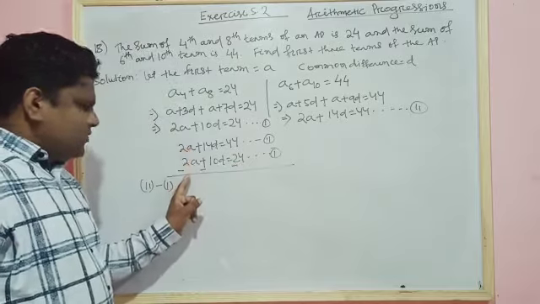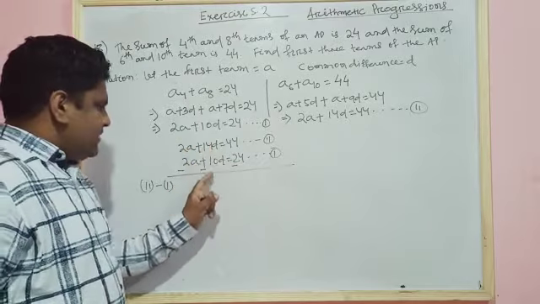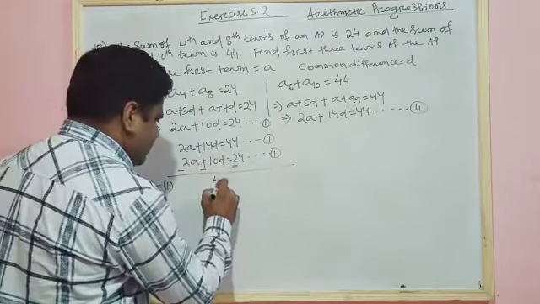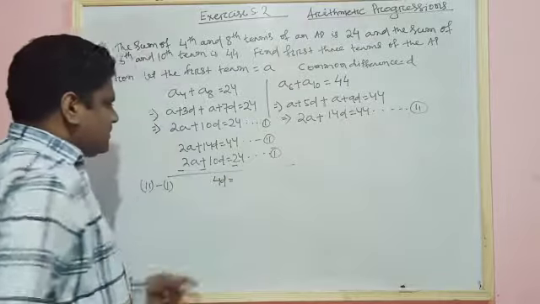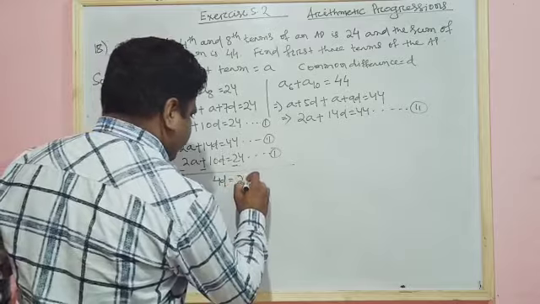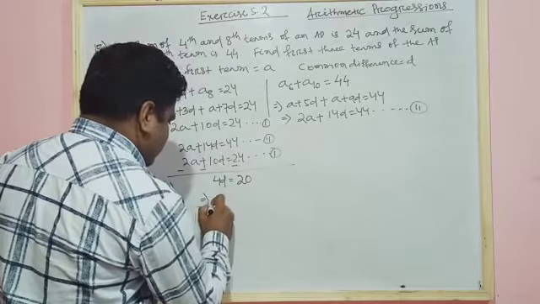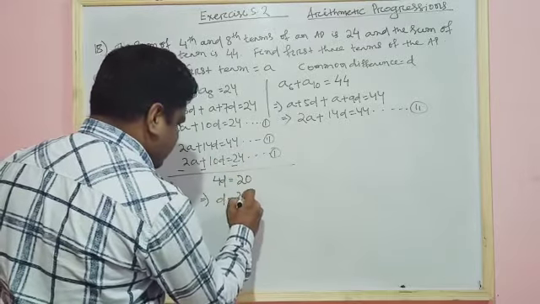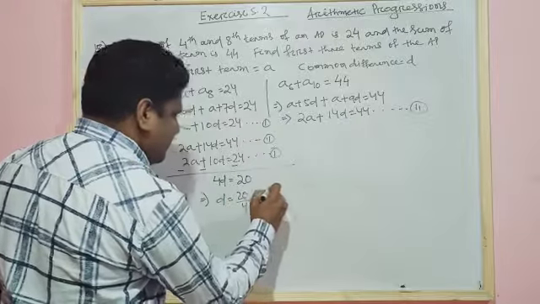So 2a minus 2a is cancelled. 14d minus 10d is 4d equals 44 minus 24, which is 20. So 4d equals 20, then d equals 20 by 4, which is 5.